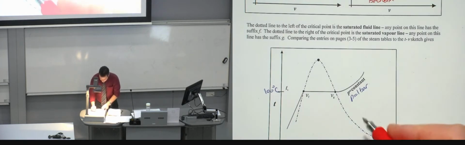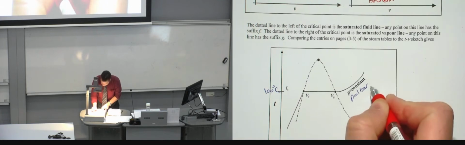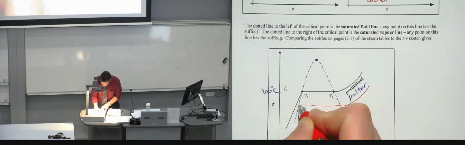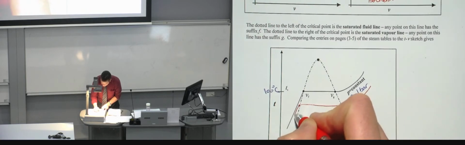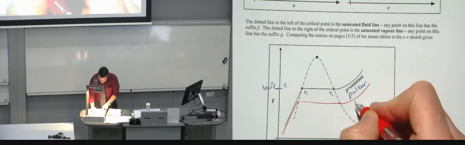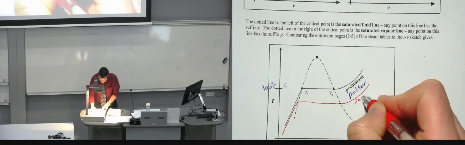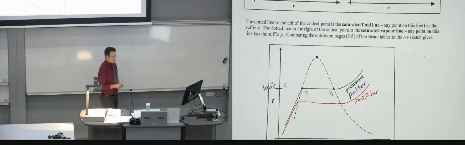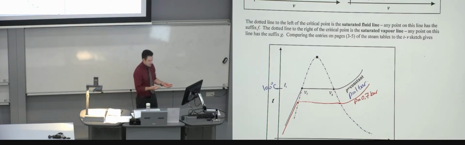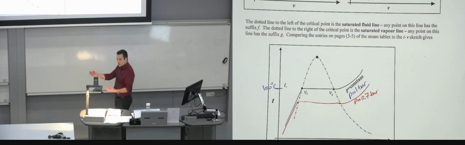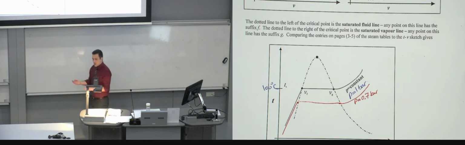If, on the other hand, I was to draw another isobar line here, and I told you, for example, that the pressure on this line is 0.7 bar, which means you are maybe at a higher altitude, on a hill or a mountain, where atmospheric pressure is lower.